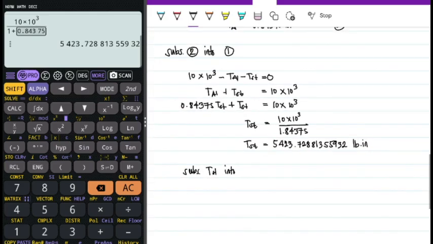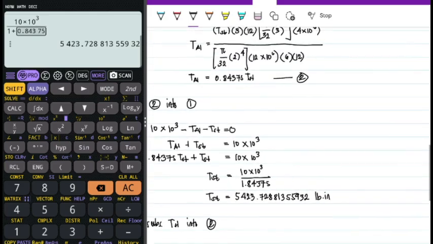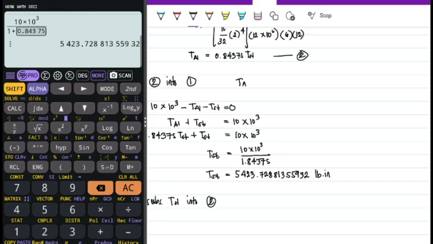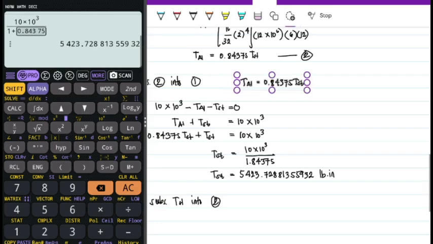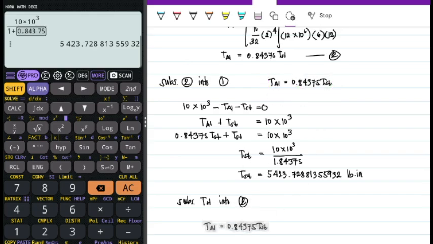So let me just copy that. And then substitute the value.